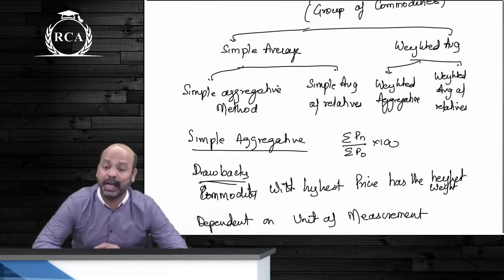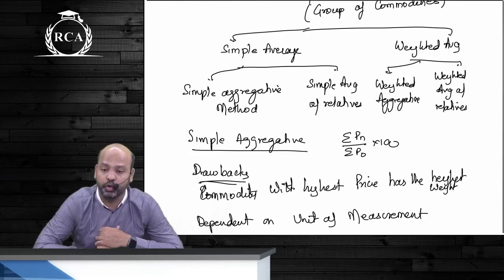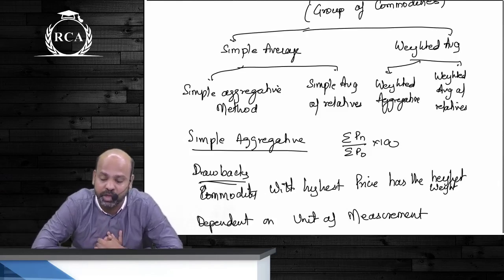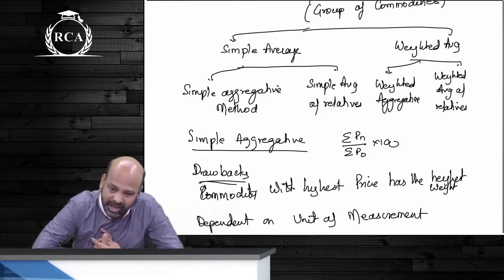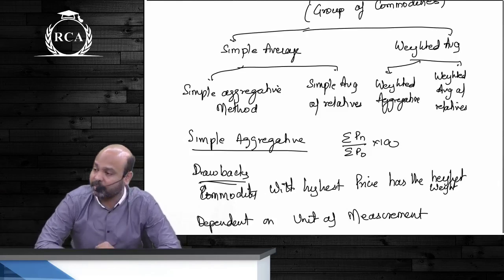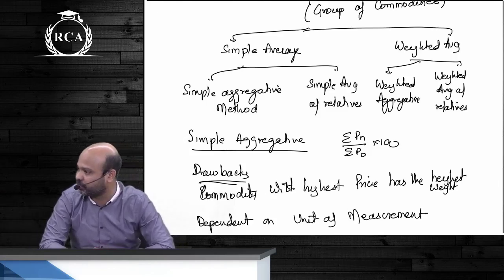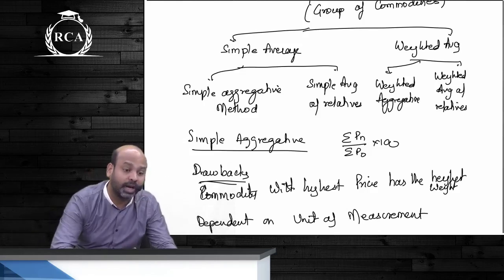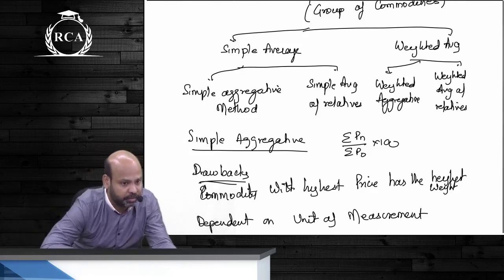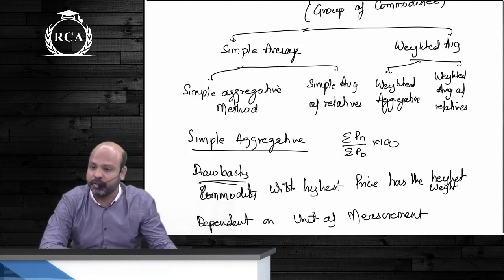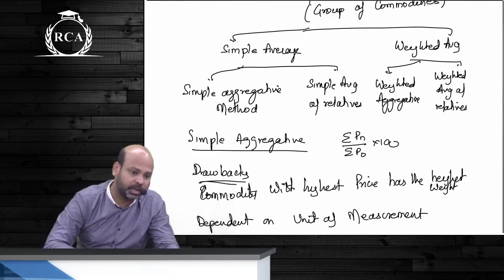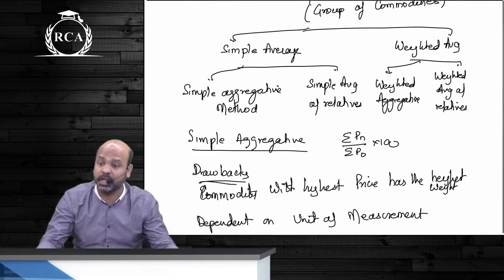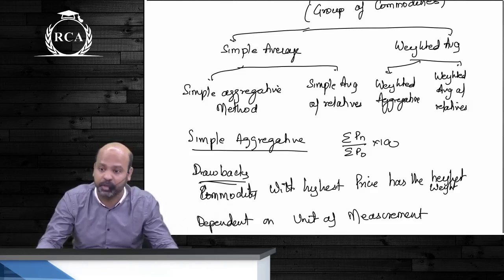Under simple aggregative index number, all you have to do is add up the prices of the current year divided by all the prices of the base year: summation Pn divided by summation P naught into 100. That is how you arrive at the simple aggregative index number. The biggest drawback is that it will be affected by a change in unit of measurement.